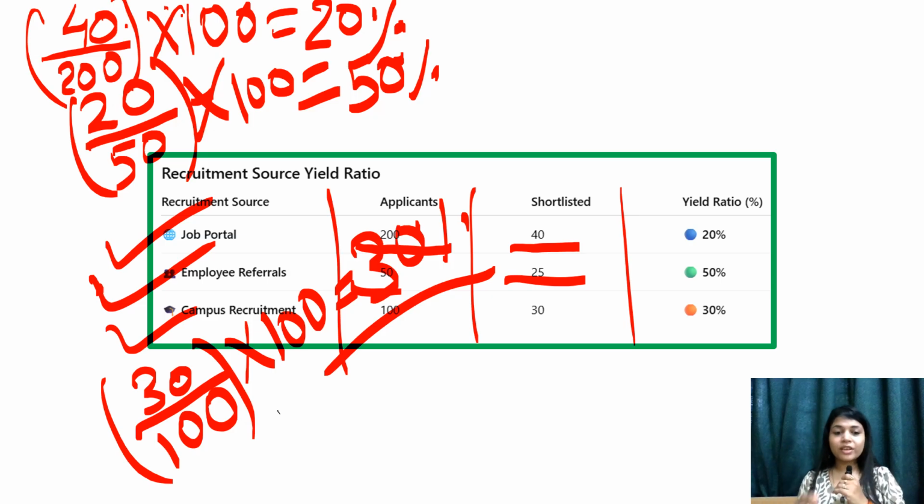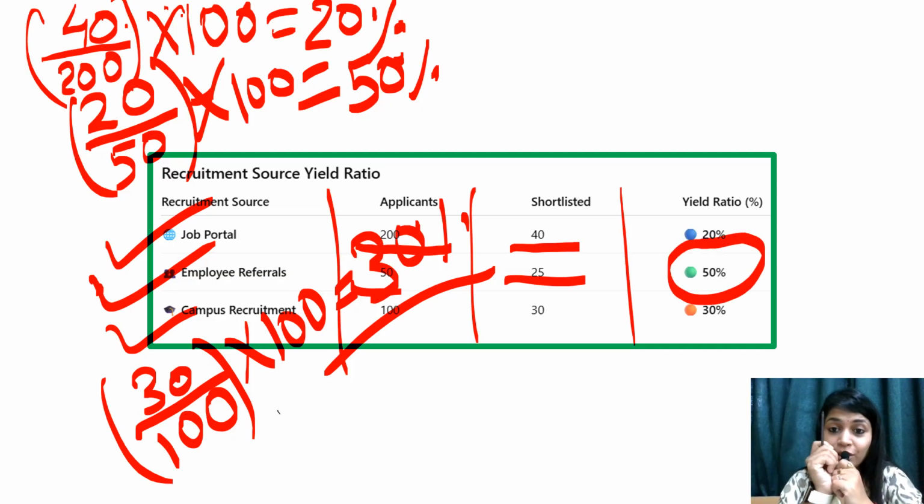Okay, one question. A higher yield ratio equals better quality of applicants from that source. So in this case, which one is the most efficient? Yes, you're right. The employee referrals, because the yield ratio is maximum.